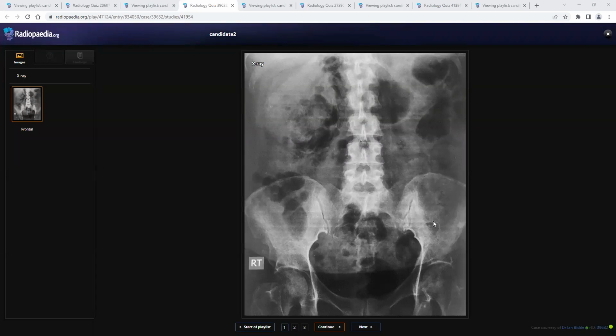Okay, so regarding the gaseous shadow projecting over the right renal shadow, I'm suspecting maybe emphysematous pyelonephritis. In the same area is also the gallbladder, but it's not the shape of the gallbladder, so maybe emphysematous cholecystitis. So I need to review with CT with contrast for further assessment.